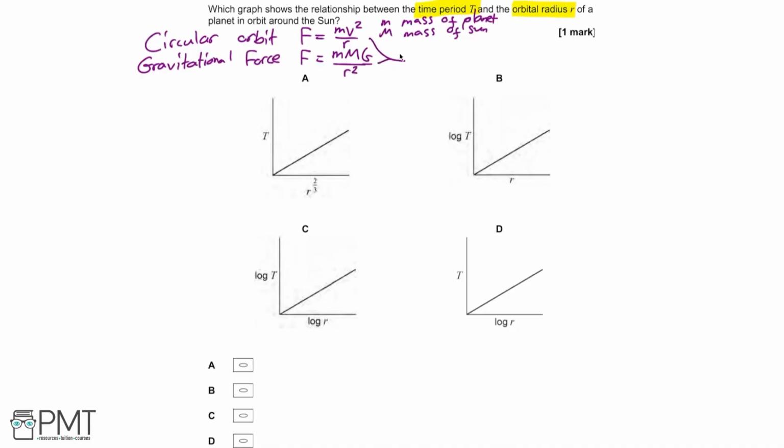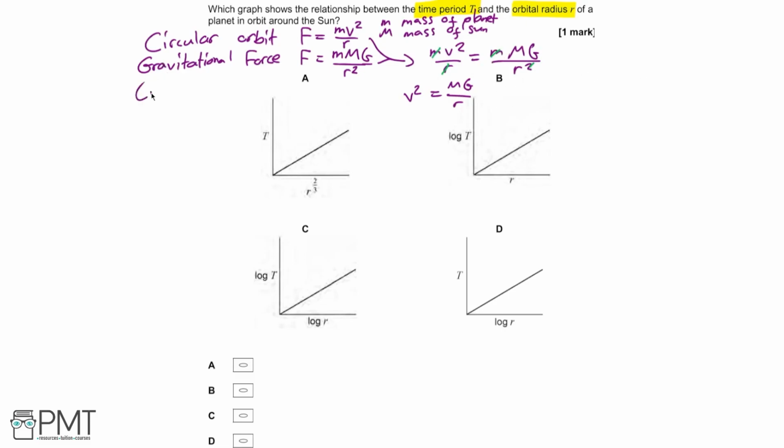Combining these two together, we get that mv squared divided by r is equal to m times big M times G divided by r squared, which then gets us the relationship that v squared is equal to GM divided by r, since one of the r's cancels and the little m's cancel. So we're left with big M here.